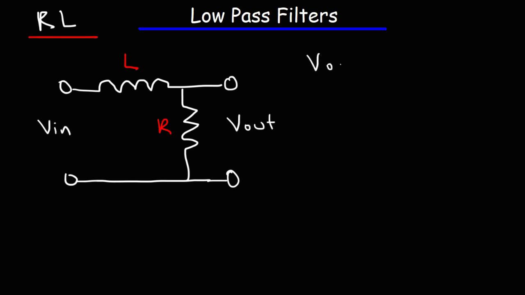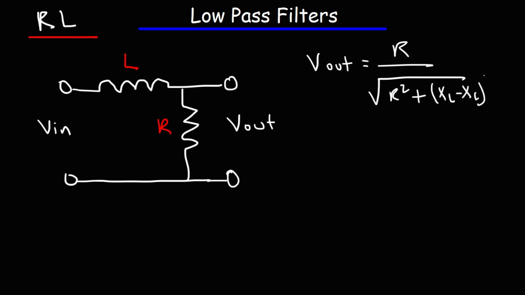Now the output voltage will be equal to the resistor divided by the impedance, which is the square root of R squared plus (XL minus XC) squared, and this is going to be times the input voltage.